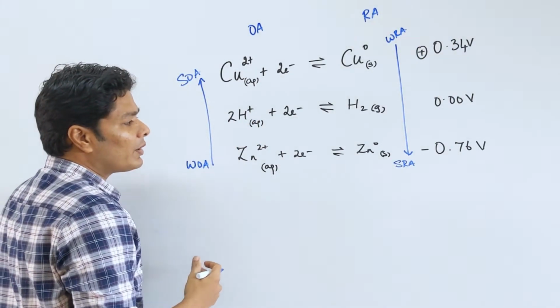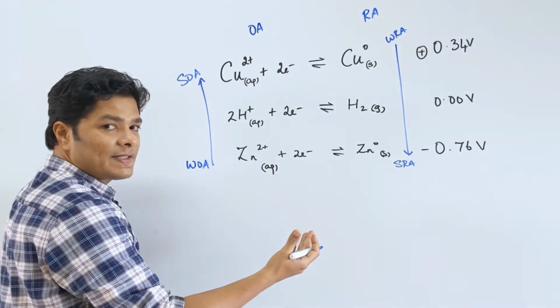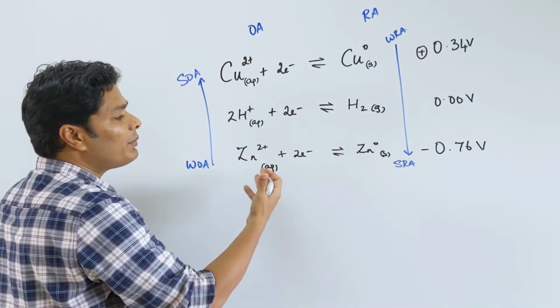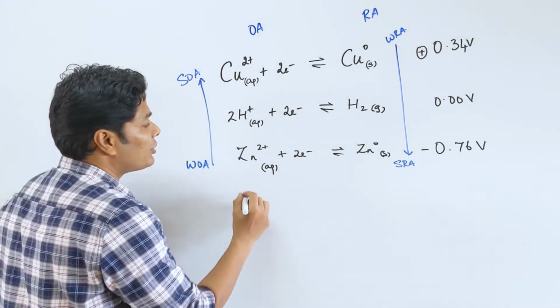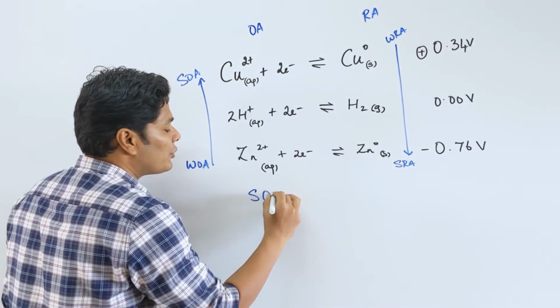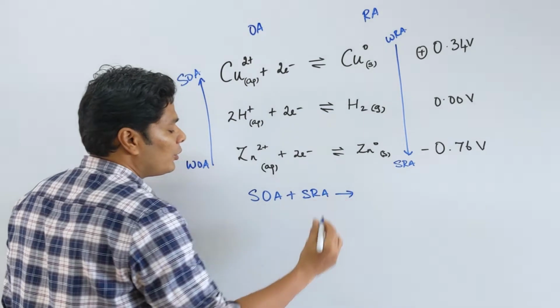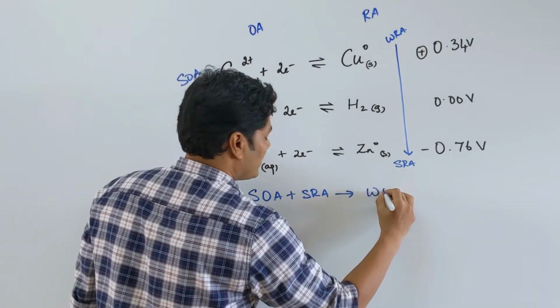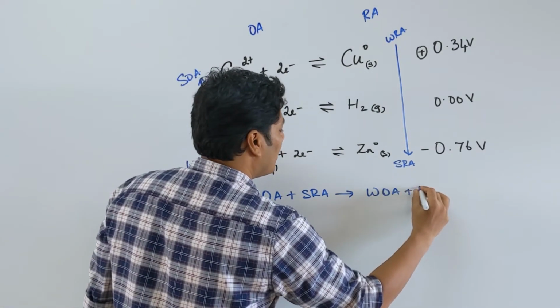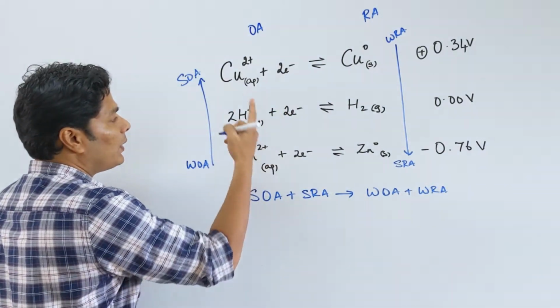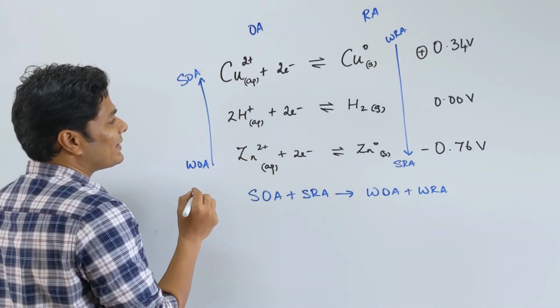When you have your electrochemical cell, your galvanic cell, if you have multiple species in a given cell, the reaction is always going to be between the strongest oxidizing agent and the strongest reducing agent to give you the weakest oxidizing agent and the weakest reducing agent. For example, let's look at our given set of examples.